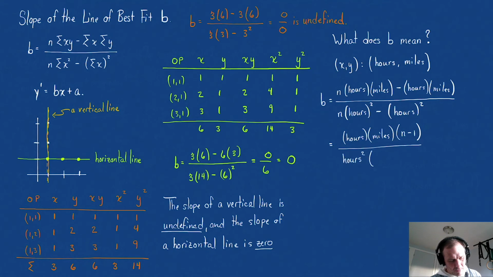So that's also going to leave me with an n minus 1. And now I'm going to grab my favorite canceling color, which to this moment is this nice pretty yellow. So the n minus 1s are going to cancel. Well, what does this mean? Let's rewrite this now. Remember that this is in the numerator. We still have hours times miles over, and what does hours squared mean? Well, that's the same as hours times hours.